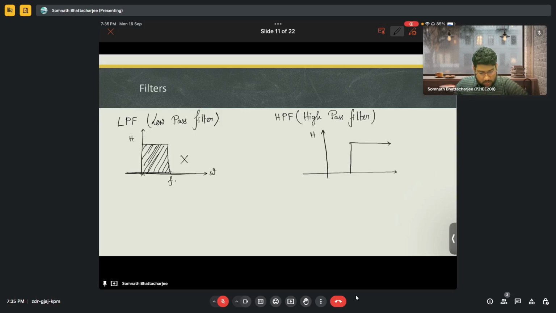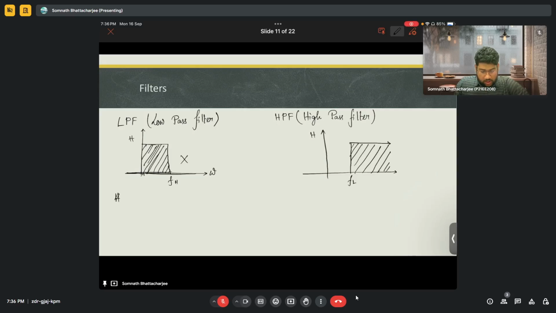This is the lower cutoff frequency, FL, and only signals with frequency above this point should pass. So this is the high pass filter.